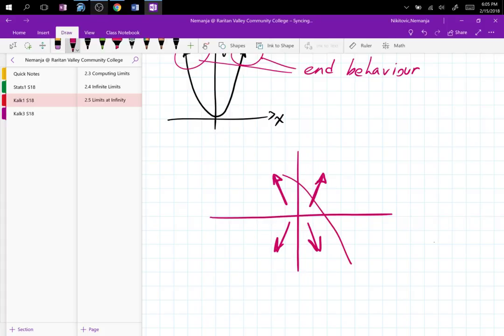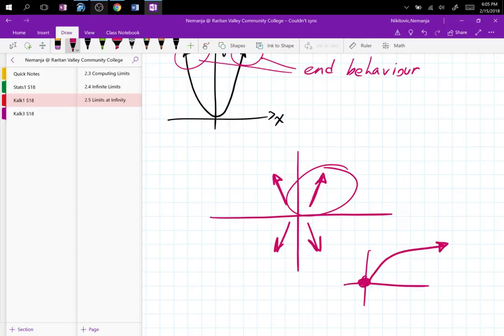If you go the opposite way, they create negative x cubed, negative x to the 5, negative x to the 11. These two could be x squared or x to the 4th or whatever. For instance, if you just consider this one, it's the square root of x, because the square root of x starts at the origin and just goes like this forever. So that belongs there. So we have these 4 combinations.